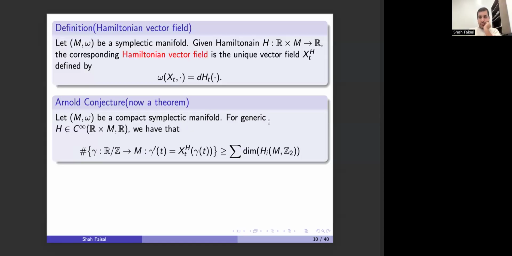Now, this is a very important theorem in the following sense. This side is something coming from the topology of the manifold. It has nothing to do with the dynamics. But this side is totally coming from the dynamics. And the theorem is connecting the two. In this case, you don't see the symplectic structure much.